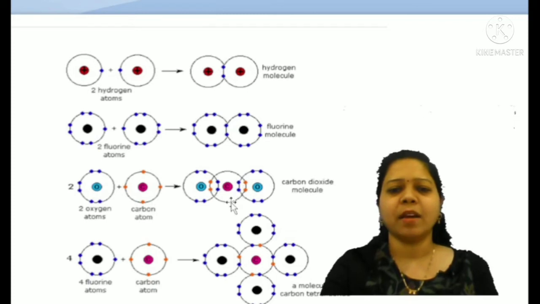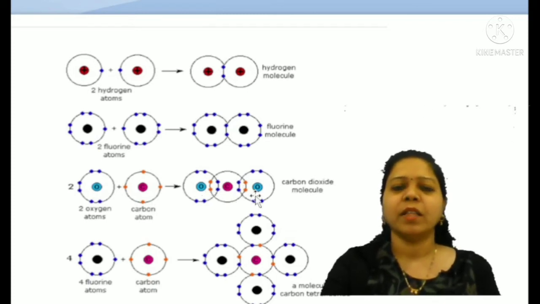At the center carbon is there, and on both sides oxygen is there. They all share 2 electrons. Here oxygen and carbon share 2 electrons, and here also carbon and this oxygen share 2 electrons to form a double covalent bond. In this way it forms a carbon dioxide molecule.